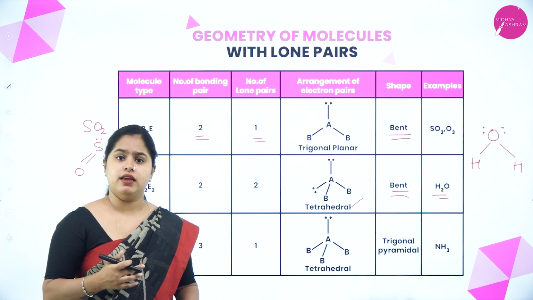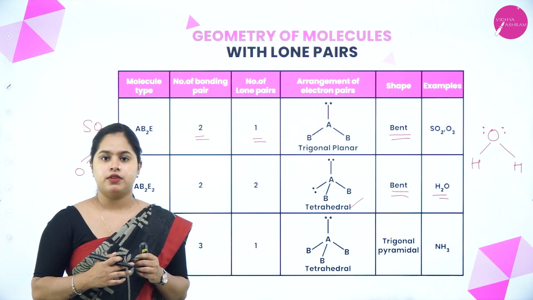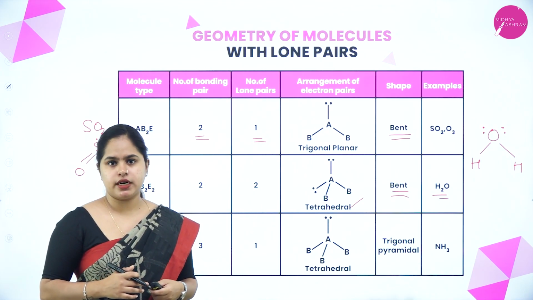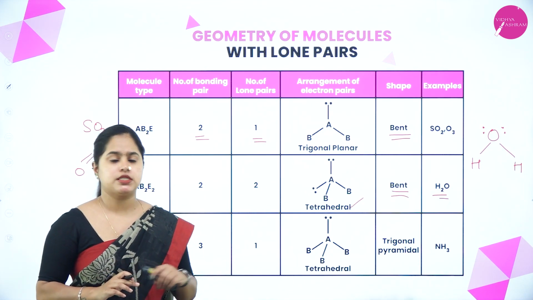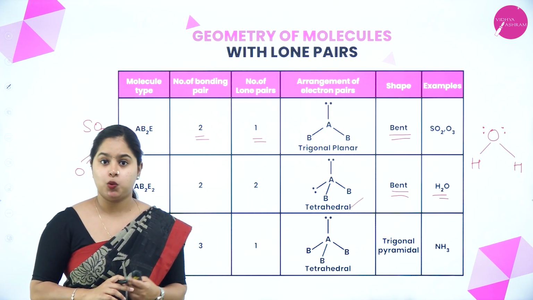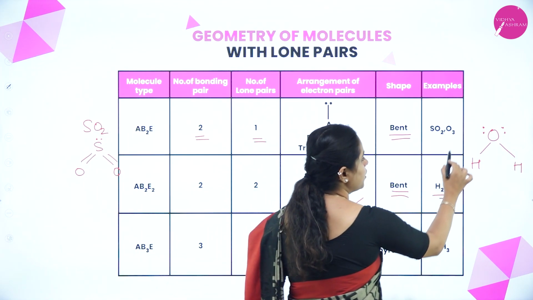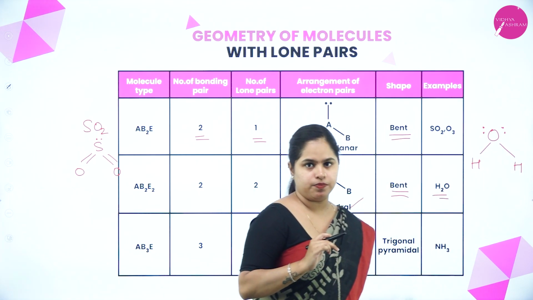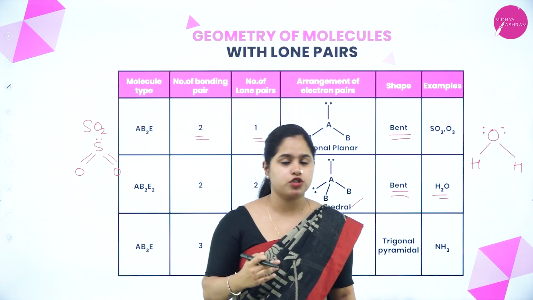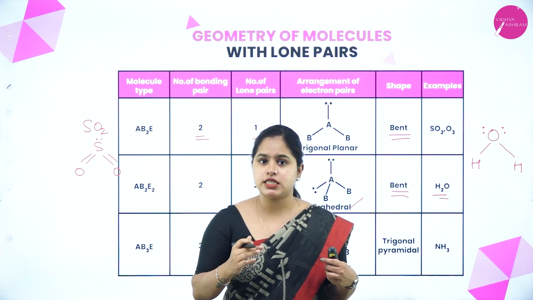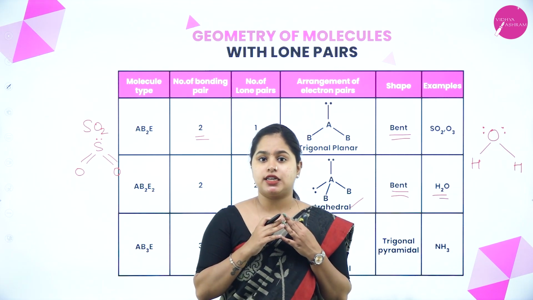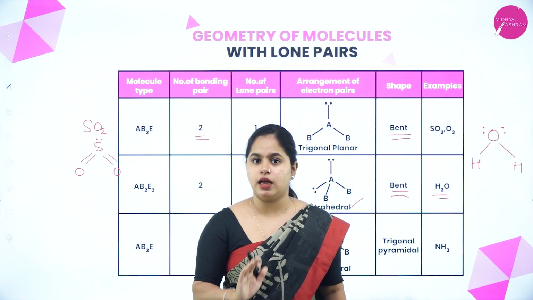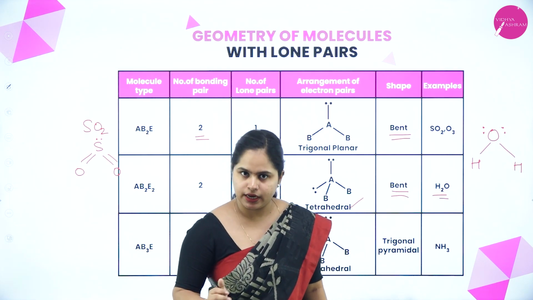Now, why exactly are they differing from this geometry? If the geometry is tetrahedral, then the shape also must be tetrahedral. But when lone pairs are present, the shape becomes bent. Why is that? Now lone pairs are also present, and bond pairs are also present. When we were studying the postulates of VSEPR theory, we discussed that lone pair-lone pair repulsion is greater than lone pair-bond pair repulsion, which is greater than bond pair-bond pair repulsion.